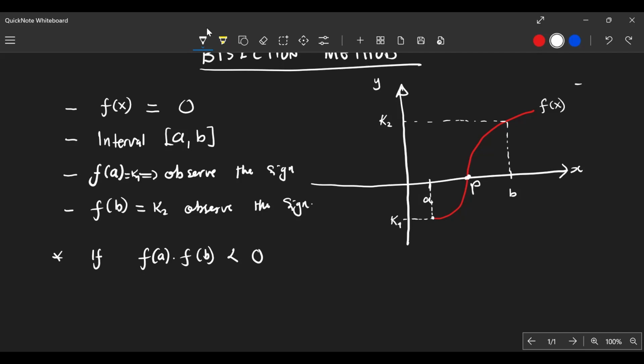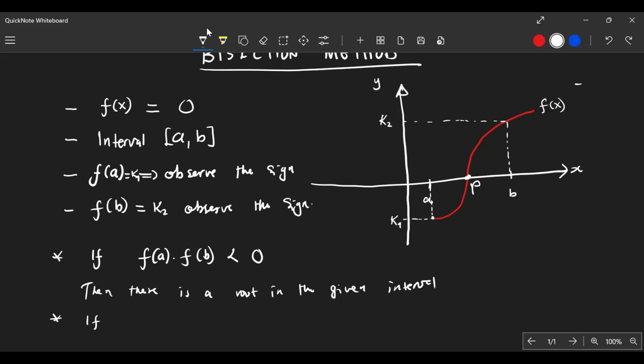They have different signs, opposite signs. And then there is a root in that interval, in the given interval. So if the signs are different, then there's a root in the given interval.